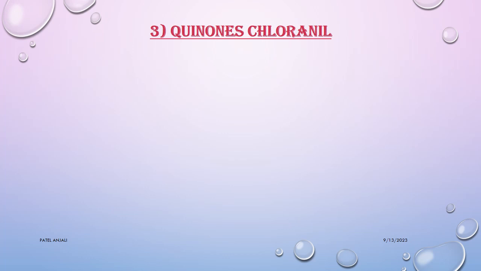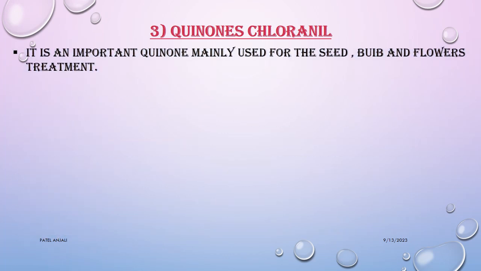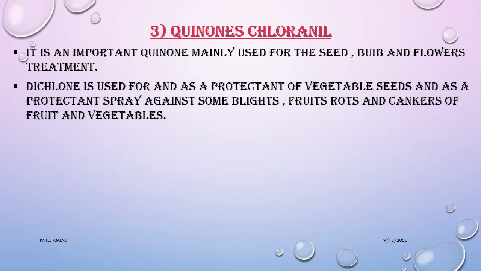Quinones: quinone is an important quinone mainly used for seed, bulb, and flower treatment. Dichlone is used as a protectant of vegetable seeds and as a protectant spray against some blights, fruit rots, and cankers of fruits and vegetables.